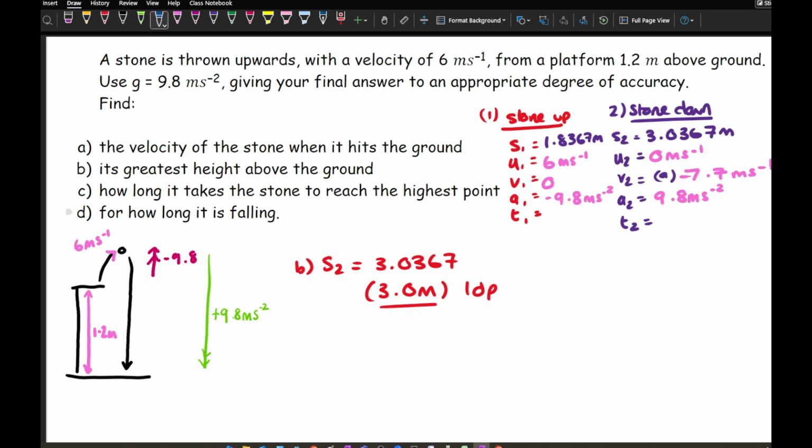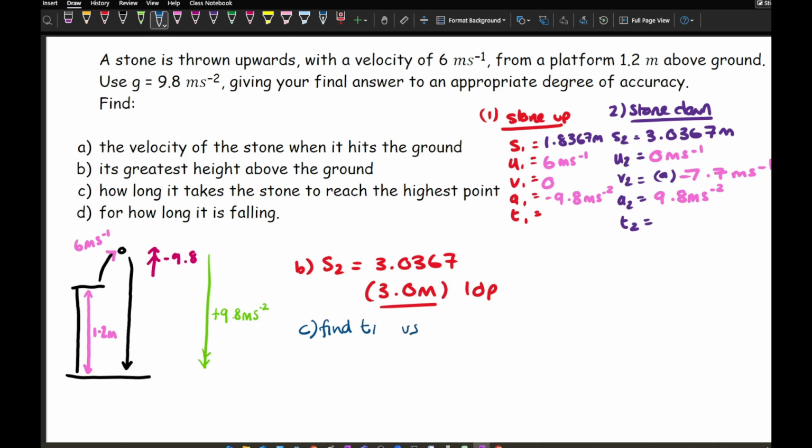Then for part C, it's saying how long does it take for the stone to reach its highest point. So for this, we're just trying to find T1, and I'm using that information there.